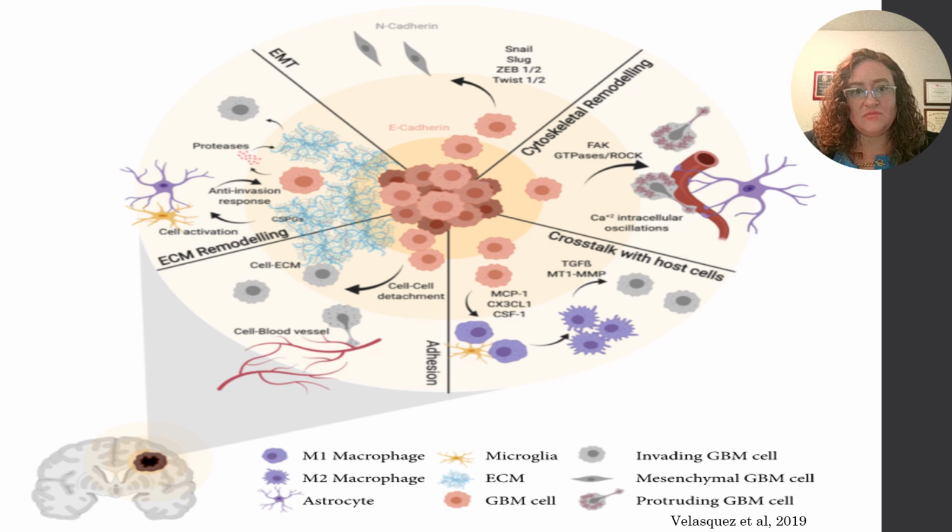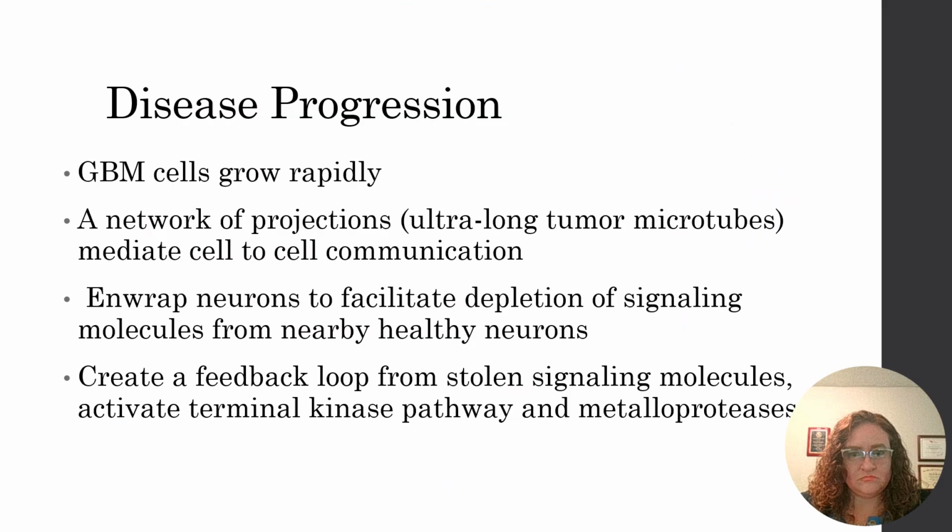So they really rearrange the extracellular matrix. And there are several molecular pathways that have been associated with glioma invasion, and they represent potential therapeutic targets or biomarkers that could be used either for prognosis, diagnosis, or even potentially as theranostic agents.